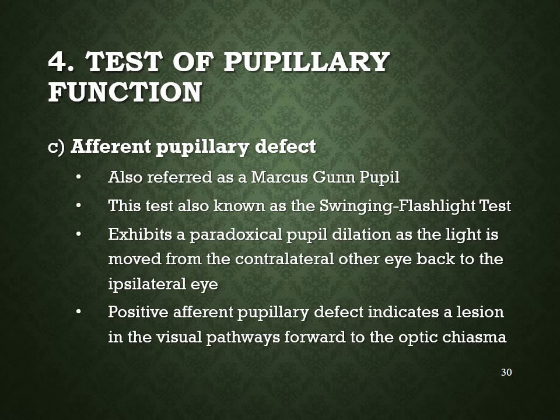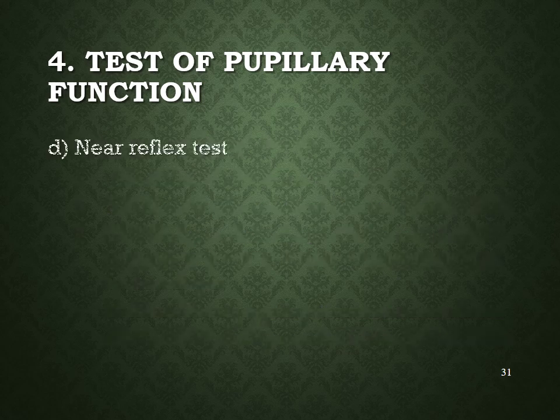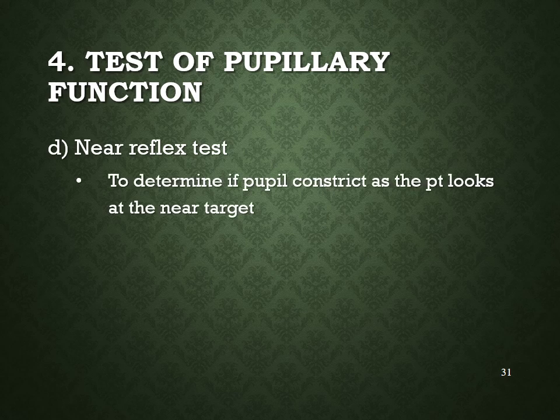A positive afferent pupillary defect indicates a lesion in the visual pathway anterior to the optic chiasm. For the near reflex test, we determine whether the pupil constricts or not when the patient looks at a near target.